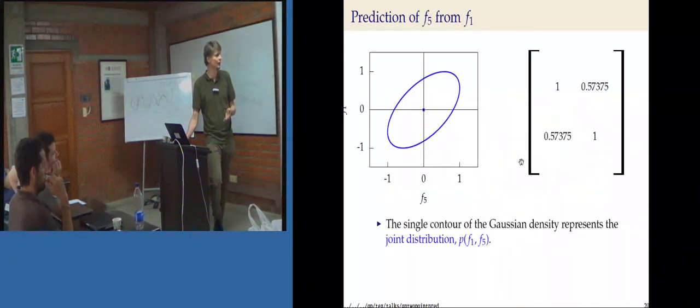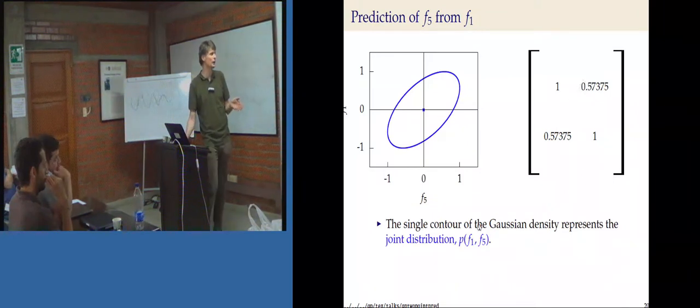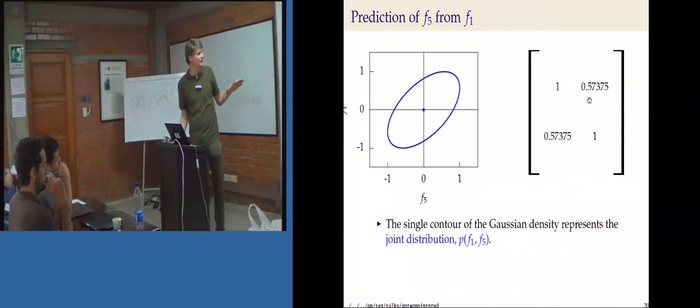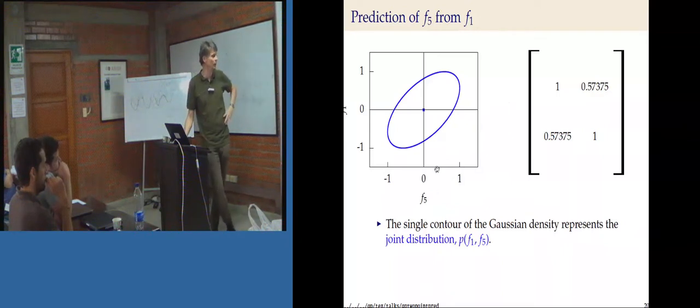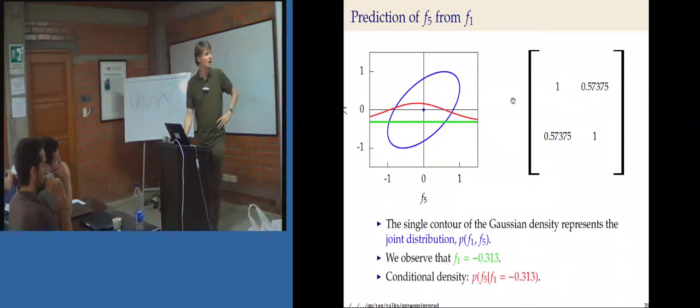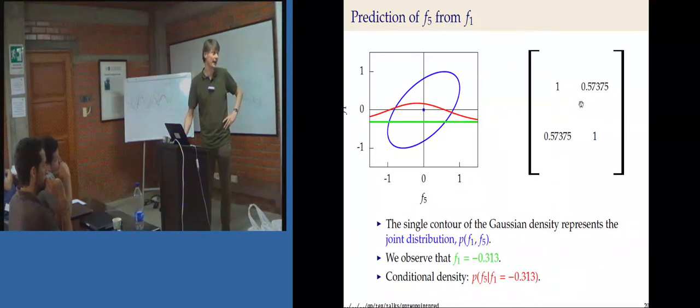And of course, as the correlation reduces, if we look at f1 and f5, and I've now taken the same operation, but I just removed the rows in between, I now have a much looser correlation between f1 and f5. And if I do the same conditioning operation now, I see a much more diffuse prediction. Now, something I'd like to point out is that 0.57 is often thought to be quite a high correlation.